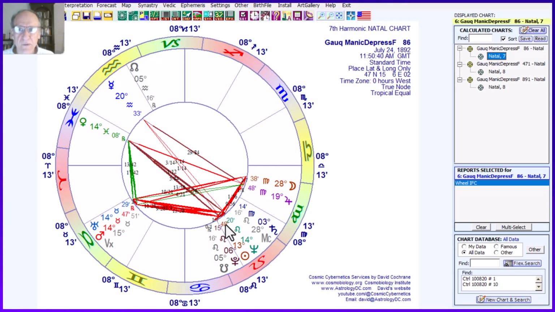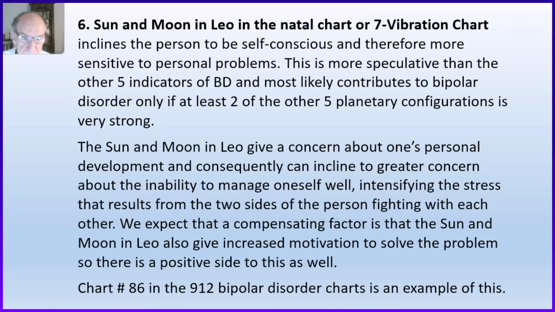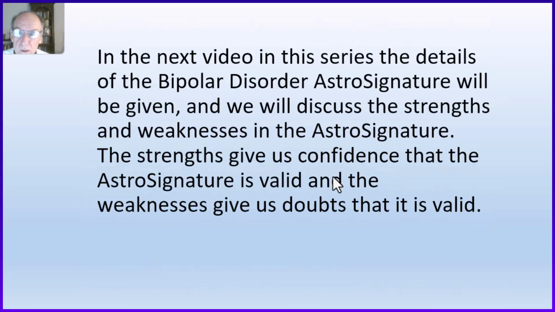It just will exacerbate the other 5 configurations that are really pressuring you to be highly spontaneous or concerned with grandness, pushing you out and beyond things, and also pulling back. That's the fundamental dynamic. So those are the 6 components of bipolar disorder. Now back to our PowerPoint. I think we're basically done here.